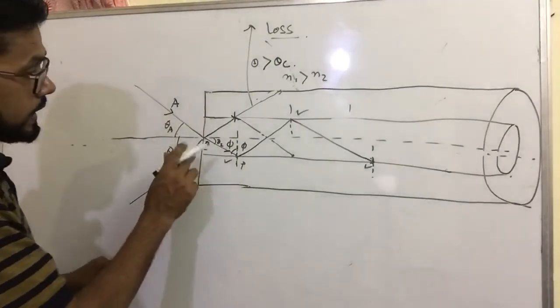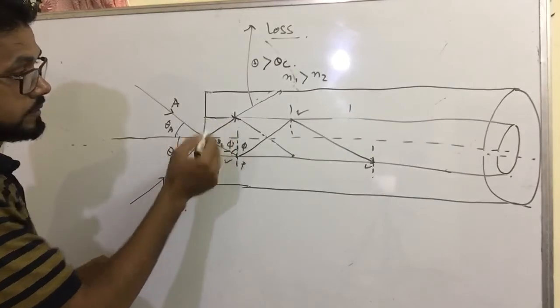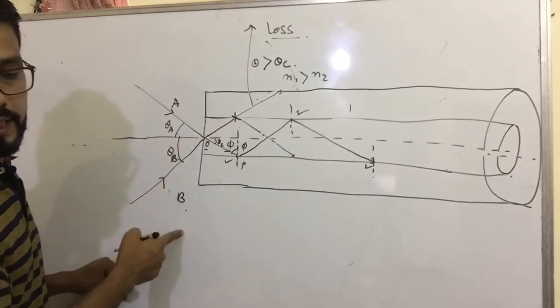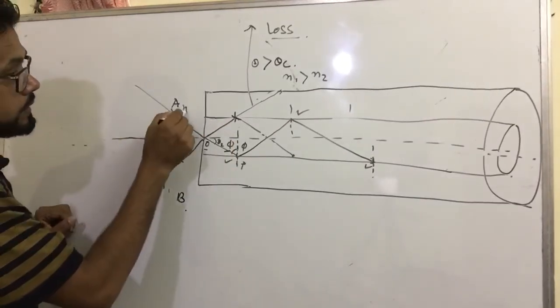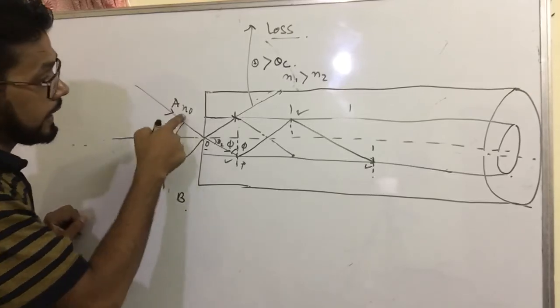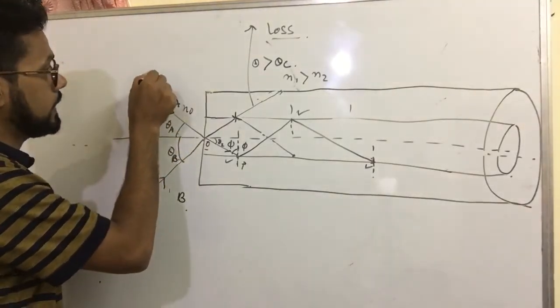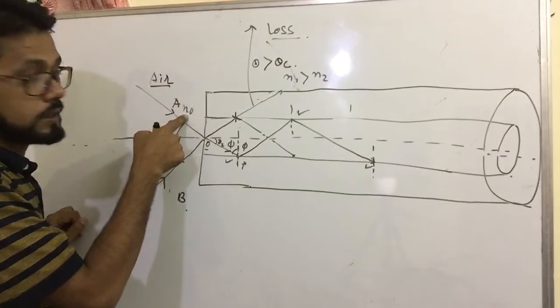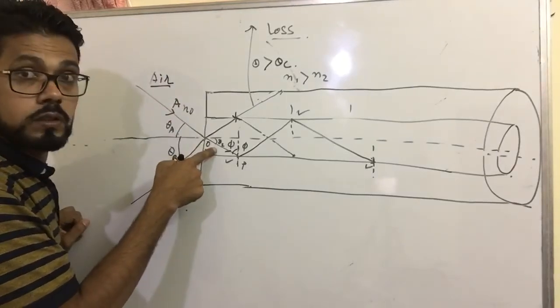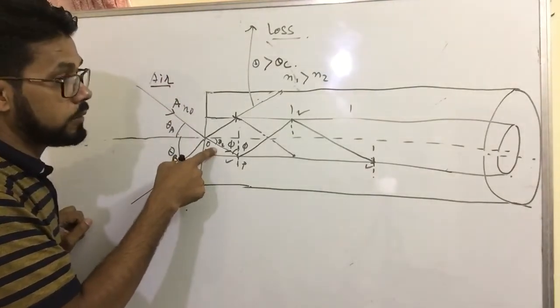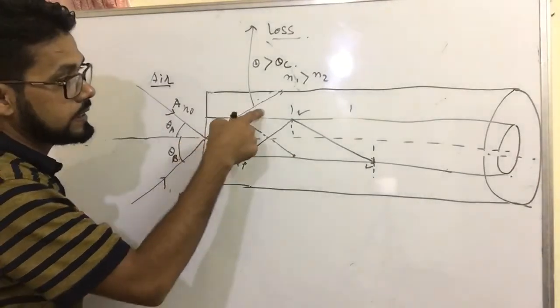So, this is the core cladding interface. This is core, cladding. Suppose this is refractive index N0, where N0 is air. Then N1 means core, and then this is N2.